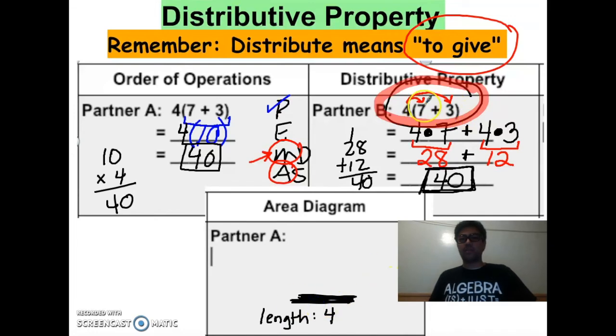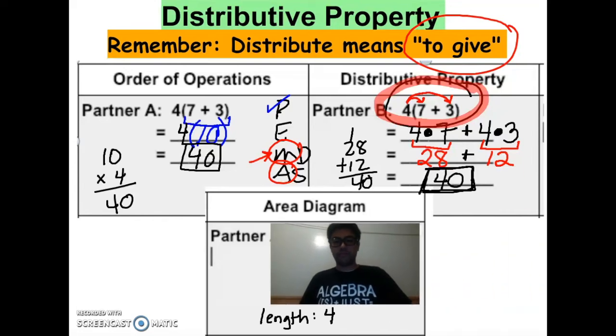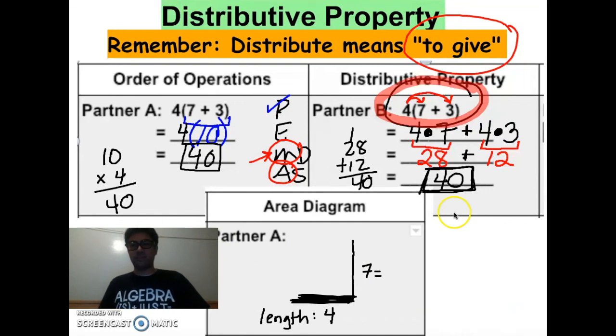And then it's telling me, if I look at this expression, that I have to draw the width to be 7 plus 3. So here's a width of 7. We're going to pretend this is 7. Here's the width of 7.